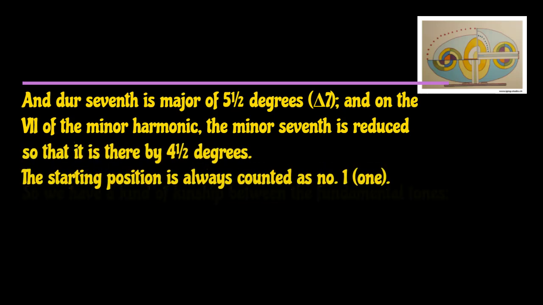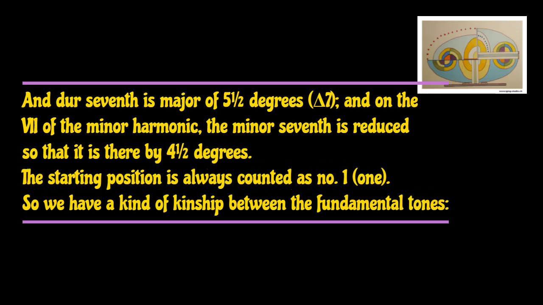And G7 is a major of 5½ degrees, 7, and on the 7 of the harmonic minor, the minor 7th is reduced so that it is there by 4½ degrees. The starting position is always counted as number 1. So we have a kind of kinship between the fundamental tones.